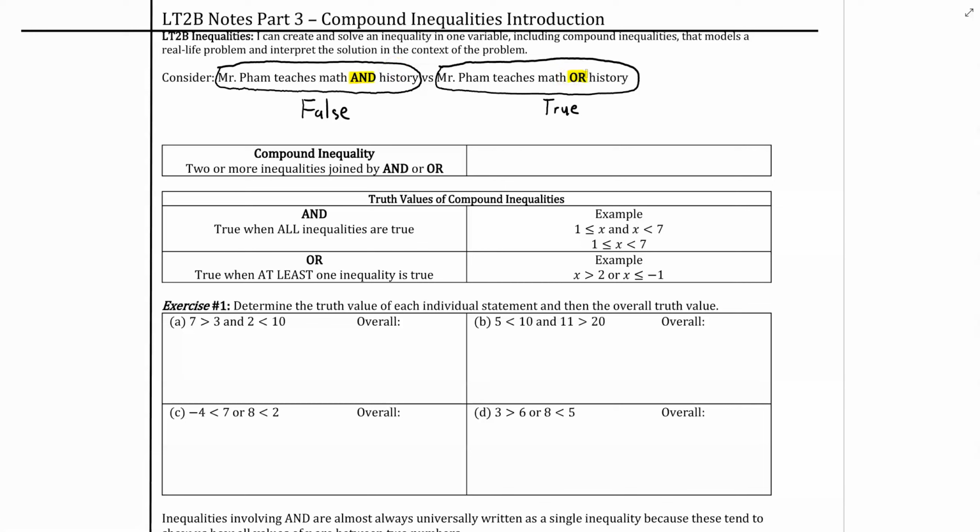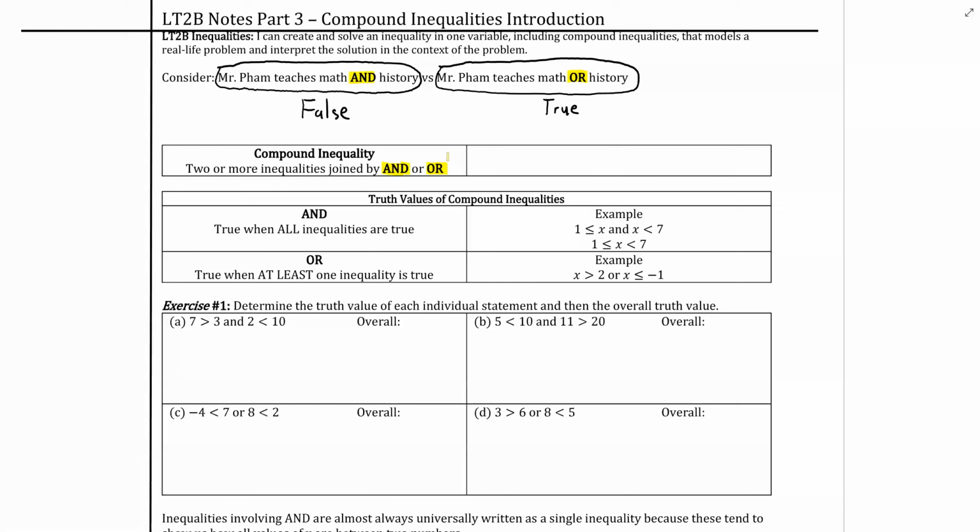The sentences above are compound sentences because they combine multiple ideas. And so in math, we have what are called compound inequalities, which are two or more inequalities joined by the word and or the word or. So the word and is true when each inequality is true. And we have some examples off to the right: 1 less than or equal to x, and x is less than 7.